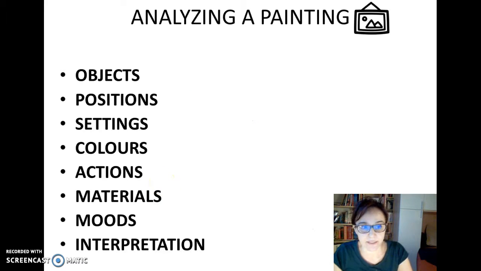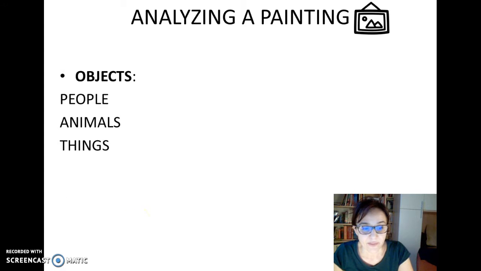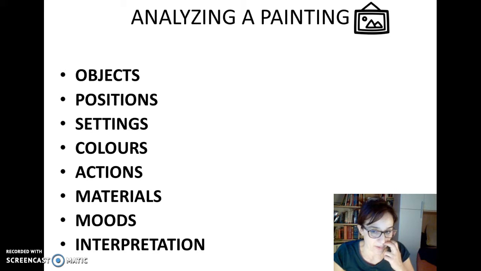To analyze a painting, you have to describe the objects present in the painting, the positions of these objects, so where the objects are placed in the painting, the settings of the painting, then the colors the painter makes use of, the actions of the people in the painting or what is going to happen in the painting, the materials the painter makes use of, the moods or the feeling the painting arouses, and finally the interpretation of the painting. So what is the interpretation of the painting in your opinion?